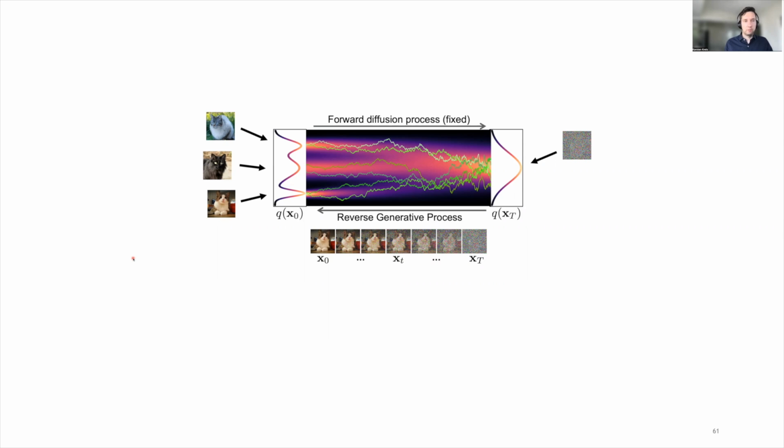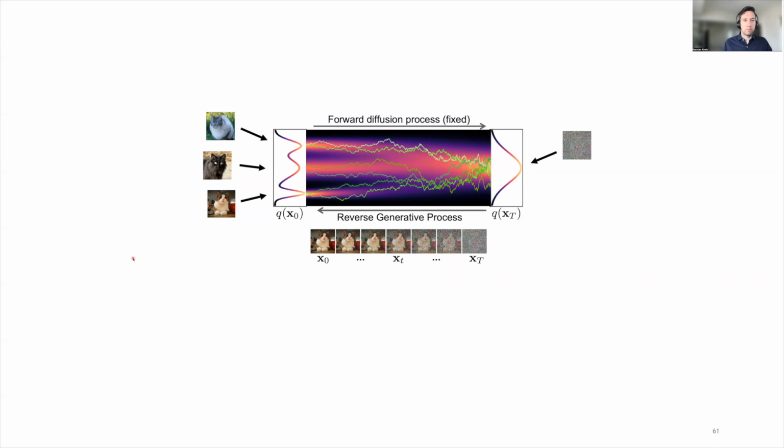In this section, we have considered a continuous time. This allowed us to introduce this differential equation framework and also to make these connections to score matching. But it is important to keep in mind that we are still describing the same types of diffusion models in this section. We are just using different tools and a different framework. So this is important to realize. After all, we obtained the same objectives as we have seen on the last few slides.